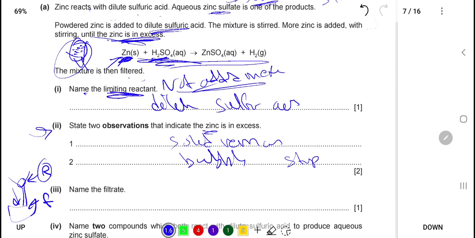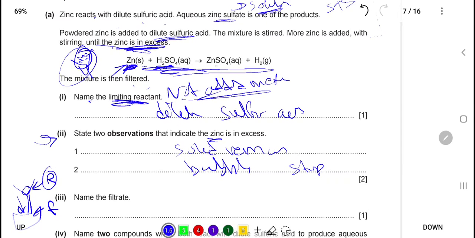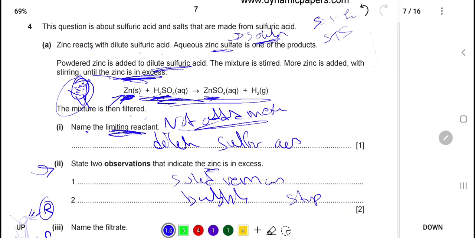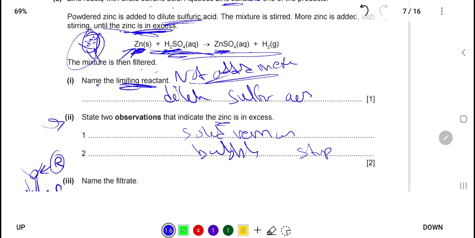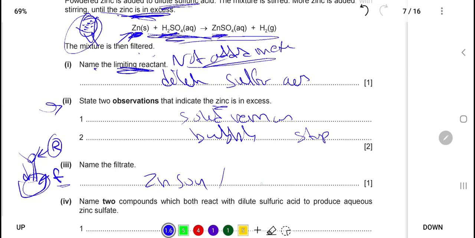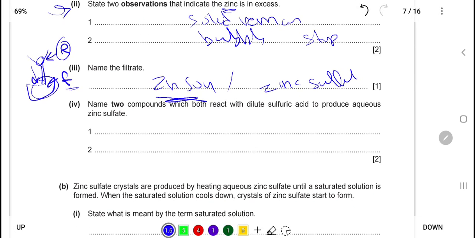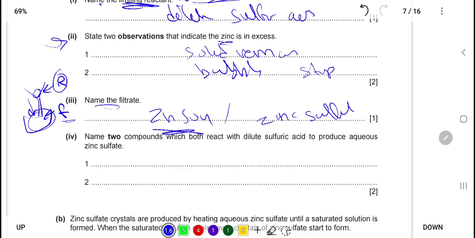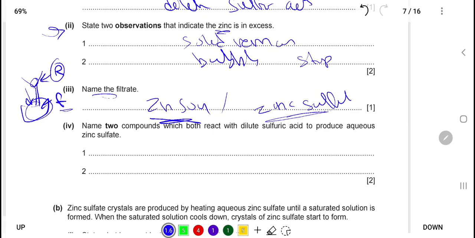Since the ZnSO4, as I said, is soluble, it went down into here, so it must be the filtrate. So it's ZnSO4, or if you want to write it exactly as they're asking, it's aqueous zinc sulfate. But if you write the formula, it's going to be correct too. But since they said name, name it in words.